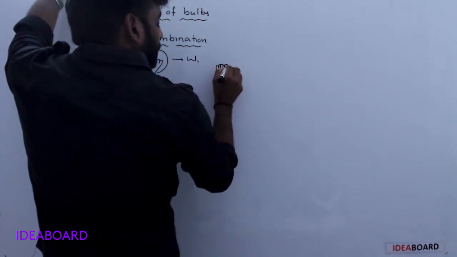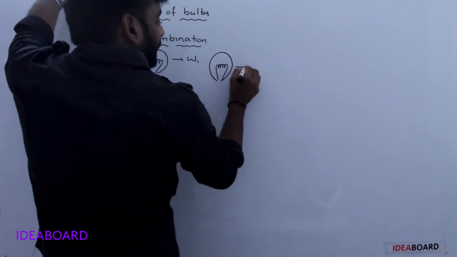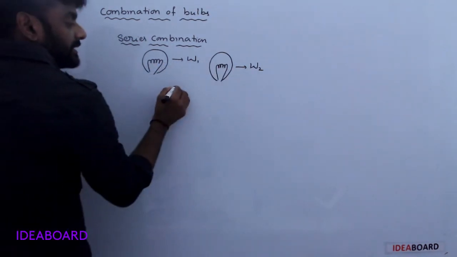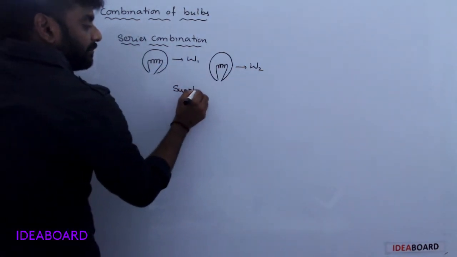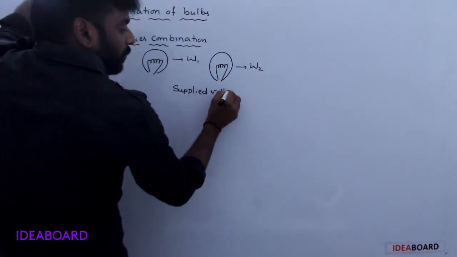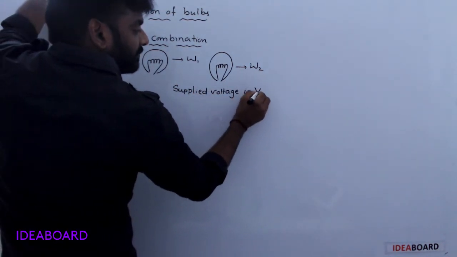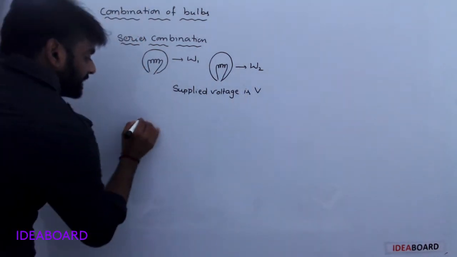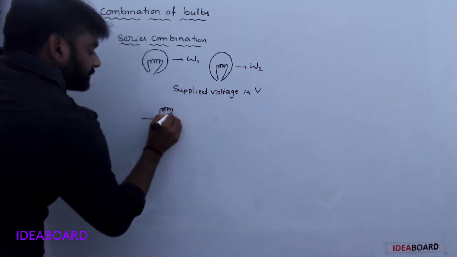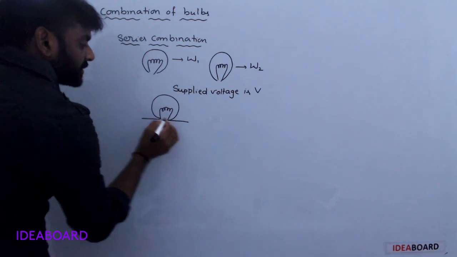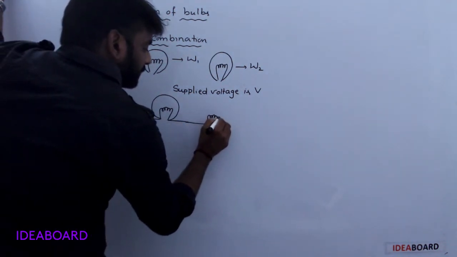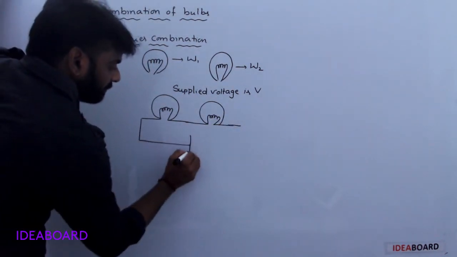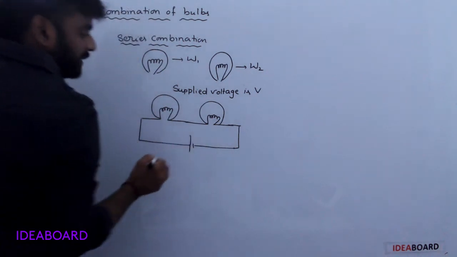The second is W2. For both, supplied voltage is the same, that is V. Both are connected in series. This one is connected to a battery. This is the series combination.